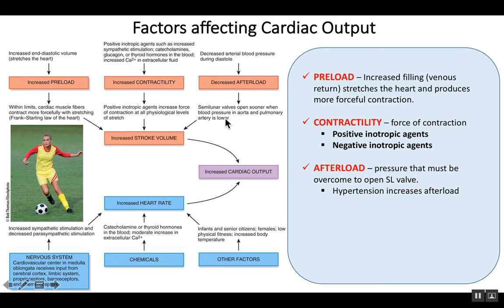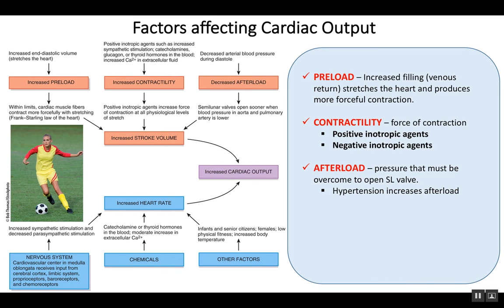So in this graph, it talks about the opposite of that. To increase how much volume is ejected, you want a low afterload. It makes it easier for your heart to work when your blood pressure is lower. But more often, we think about that in the opposite context.